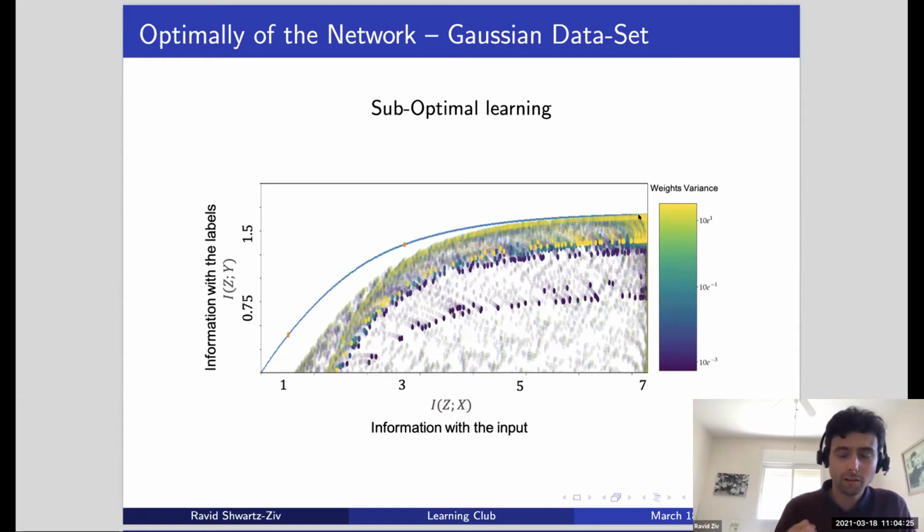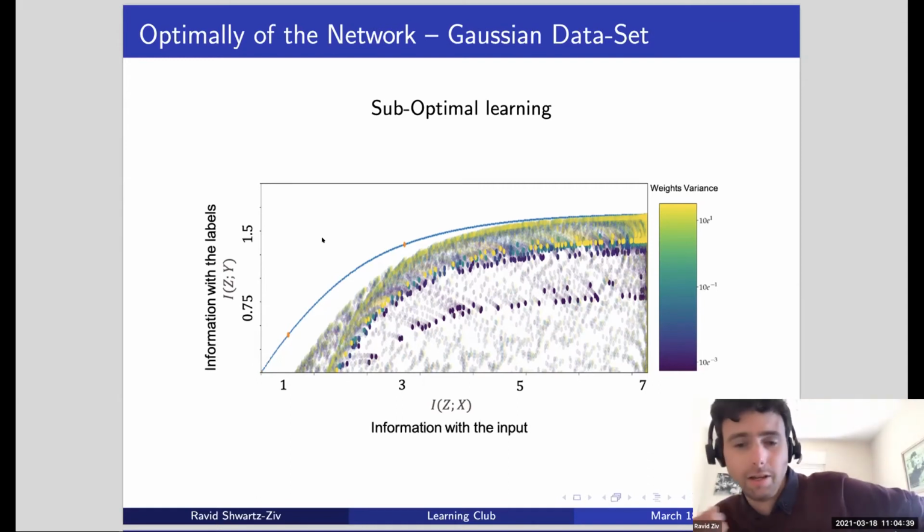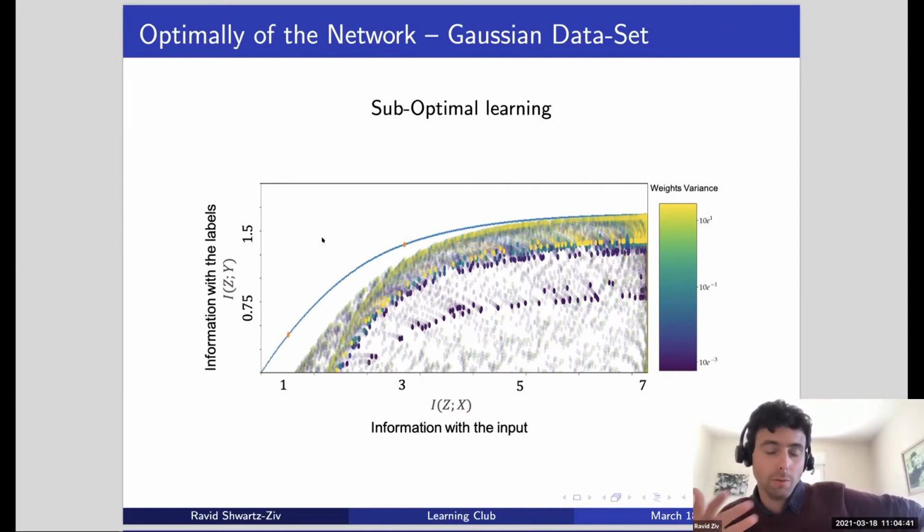But when you force the network to reduce the information with the input, to compress, then in this regime the networks have a much worse representation, and they are far from the optimal solution. Okay, so at least in this case, the networks are suboptimal. Okay, good.